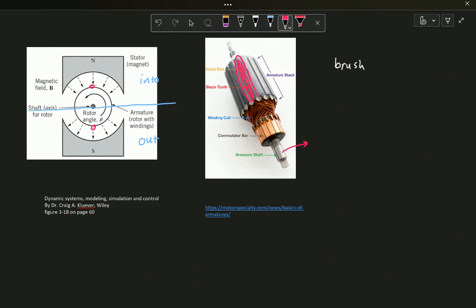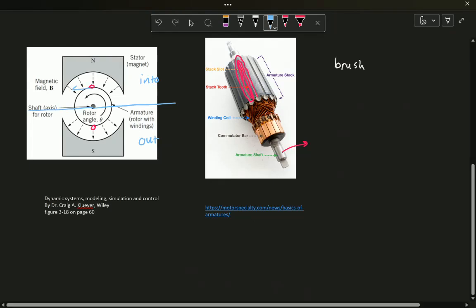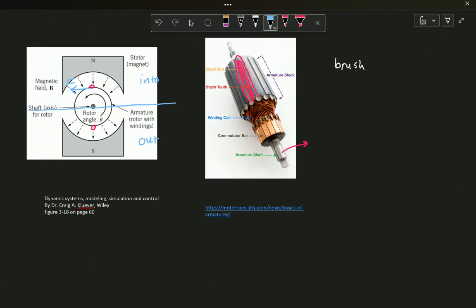Because the magnetic field and the wire are perpendicular to each other, if you use the right hand rule and the second law, you're going to have a force applied in this direction on this wire. I keep my four fingers in the direction of the current, which goes into the plane. I close them in the direction of the magnetic field. My thumb shows the direction of the force.